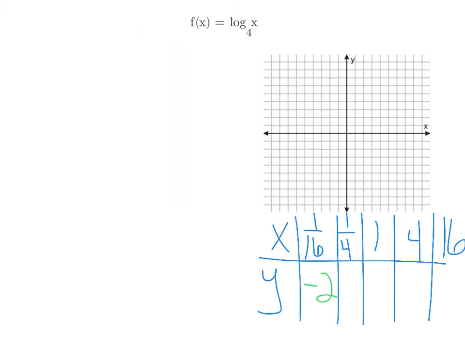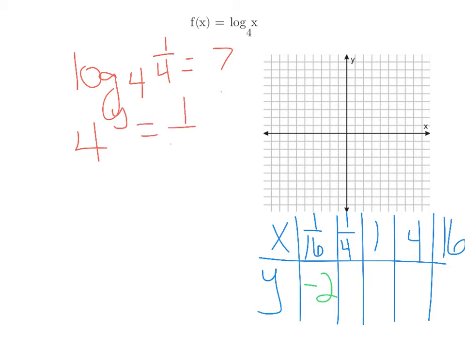Now I want to evaluate my function when I input 1/4. So f of 1/4 equals log base 4 of 1/4. To evaluate log base 4 of 1/4, I'd be saying 4 to the what power is equal to 1/4. Well, 4 to the negative first is 1/4. Therefore, our output or y value is -1.